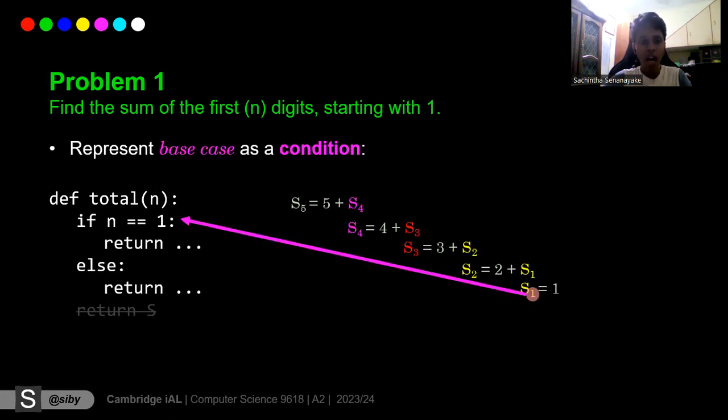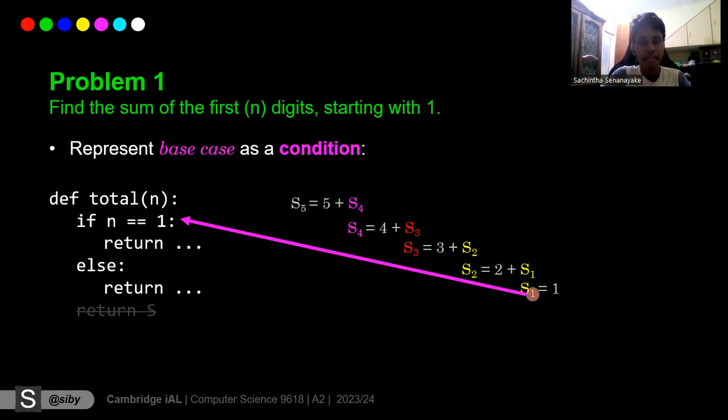Now, what we do after this is you represent the base case as a condition within this function. So notice our base case was when the base of the sum is 1, or in other words, when n is 1, we stop calculating further sums. That is exactly what I write as an if condition.